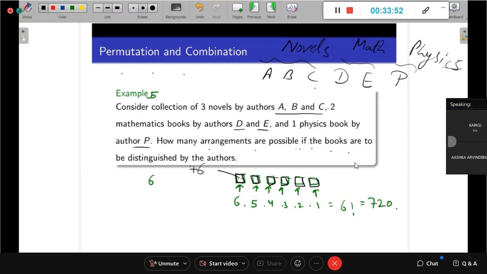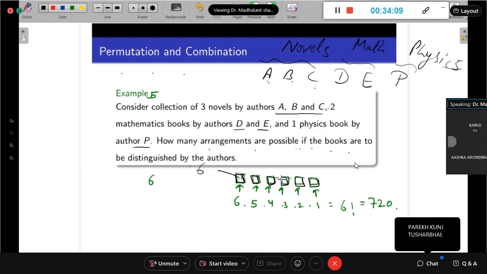Of course, once an author is fixed here, it will not come to any other place. So there is no possibility of repetition.